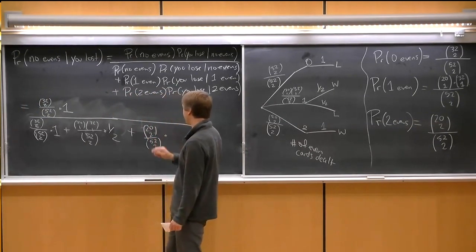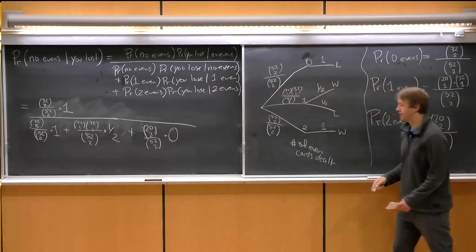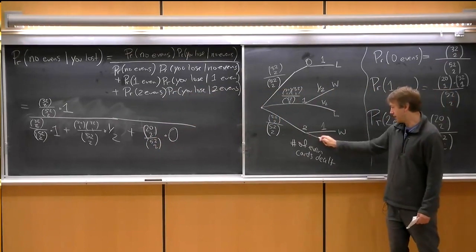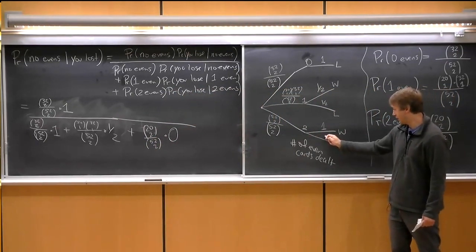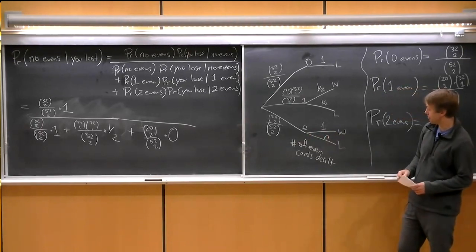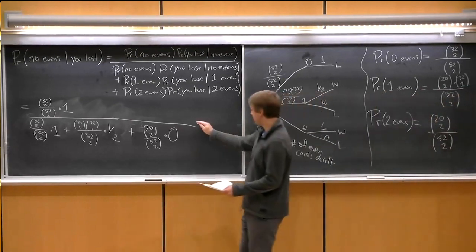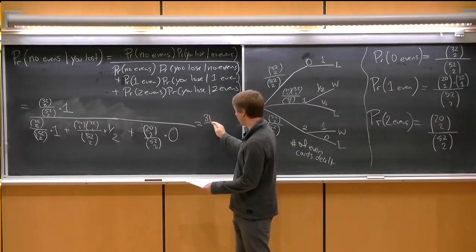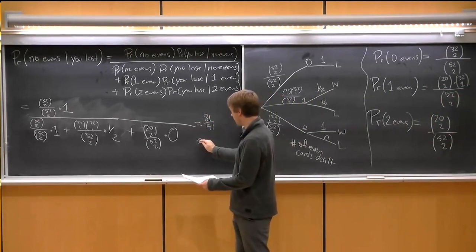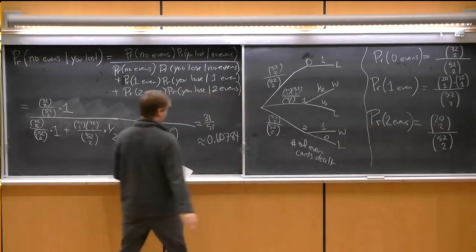And this is where, as you mentioned, it's times 0, because I could have written something more on this tree, saying the probability of losing is 0. Which somehow turns out to be 31 over 51, which is about 0.60784.